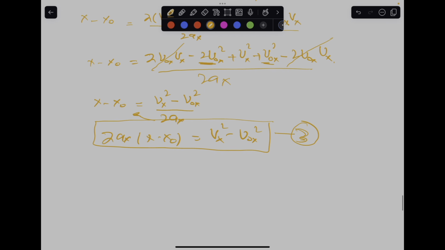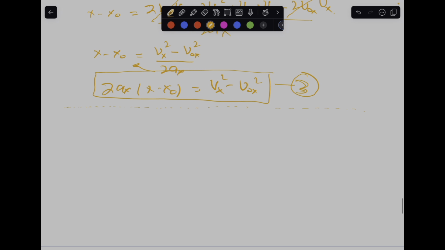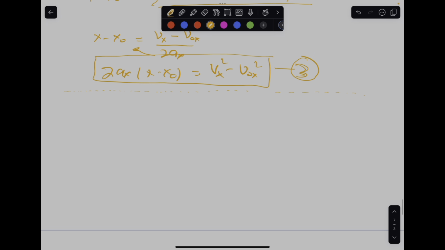So this is the motion under constant acceleration, and we derived these three equations of motion. Now we further discuss the motion which is free fall.